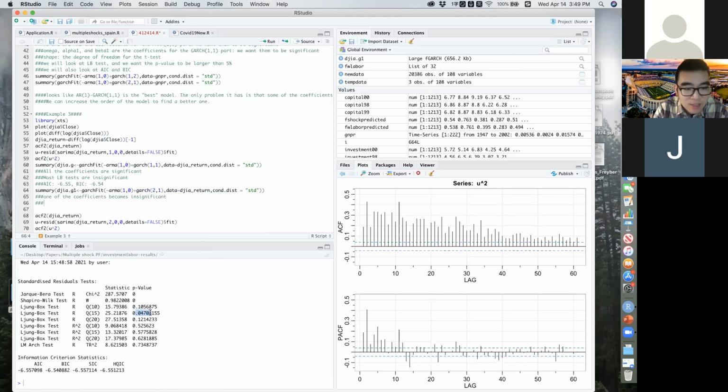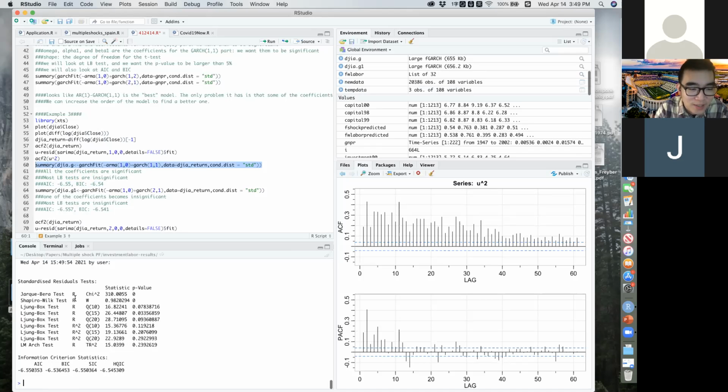Again, the second test is significant, but it's not that bad, very close to 5%. And how about the AIC and the BIC? The AIC right now is negative, pretty close, 557, and this is 541. Let's go to the third decimal point. This is 550, 536.